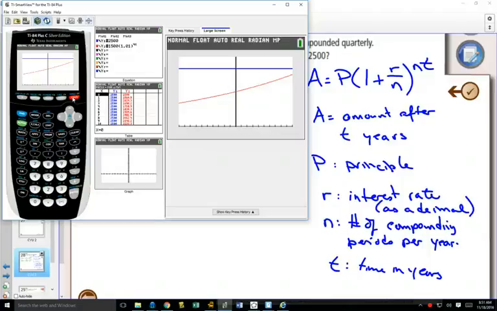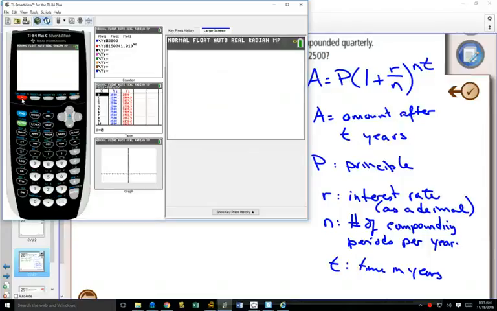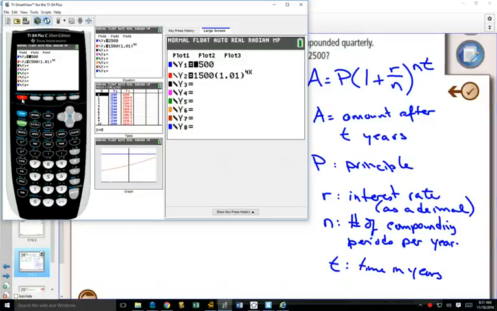But I want to talk about the red graph as well. The red graph is our second one. That's our exponential function. Does it make sense that our exponential function is swooping up to the right? Yes. That's what our exponential graphs do. Now, when t or x is 0, that's going to be your y-intercept. Does it make sense that our y-intercept would be at 1500?